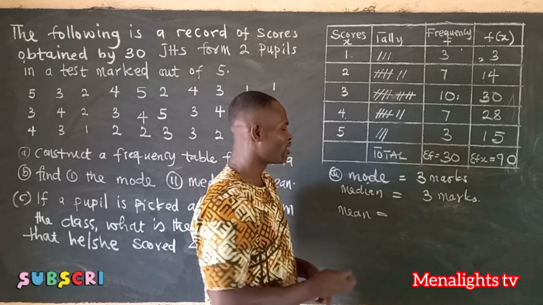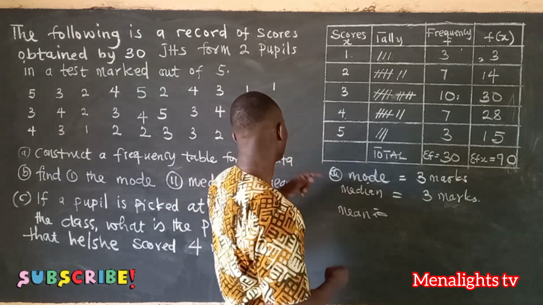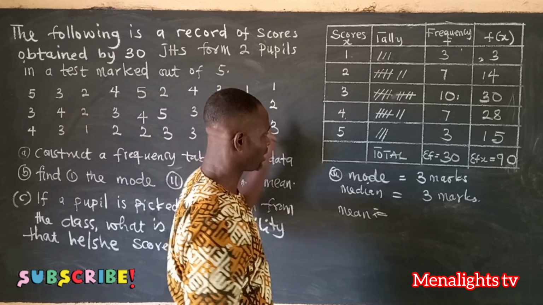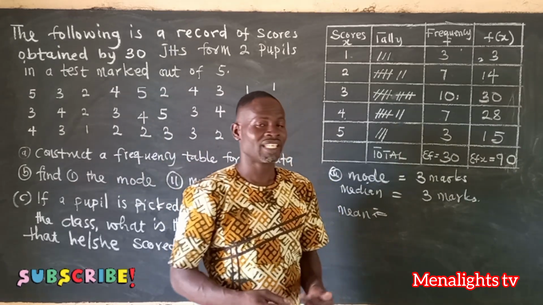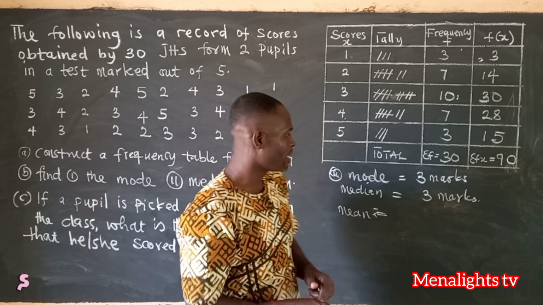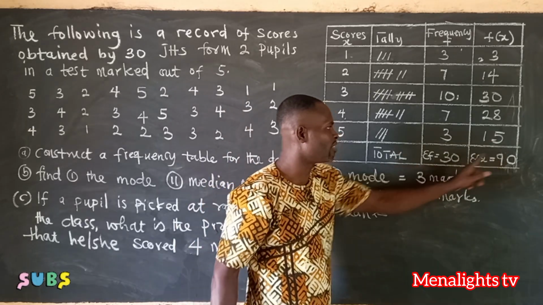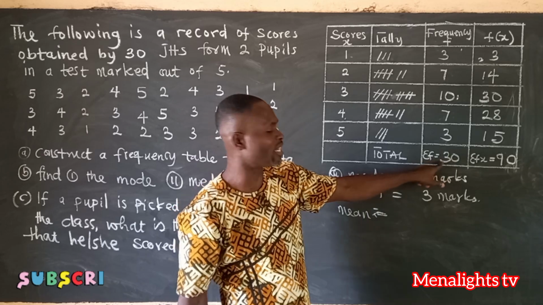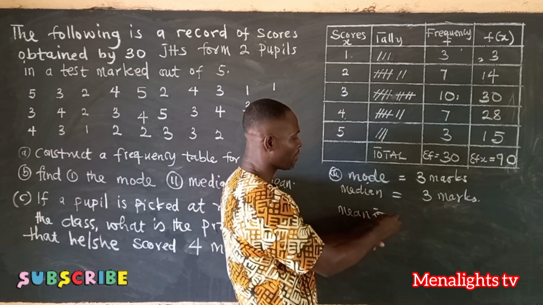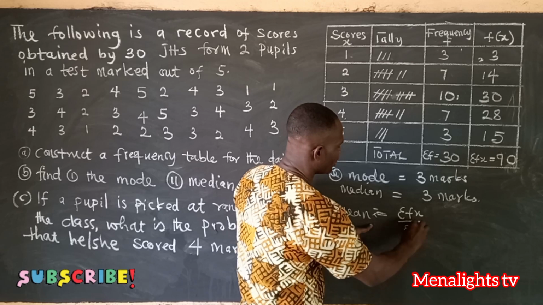We say the mean is what? The summation of all these numbers. So when you add all these numbers and divide by the number of them, that is going to give you what? The average or the mean. So from here, when you add all of them, that is 90 divided by the total number of them, which is 30. So that is where the formula of the mean is what? Summation fx divided by summation f.